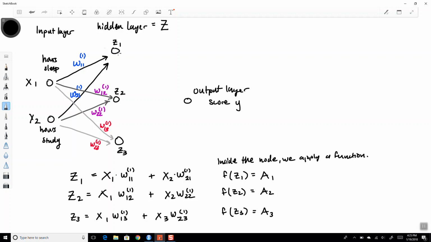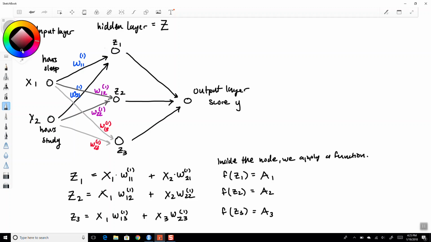Okay, so basically coming out of the function will be a1, a2, and a3, and then we combine those three output a's together, and they come together into our output layer for y.